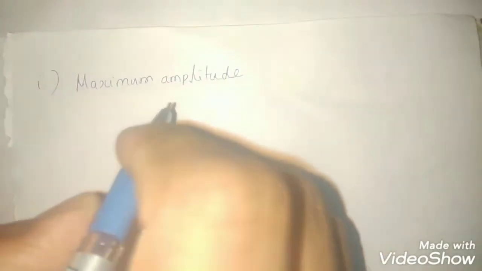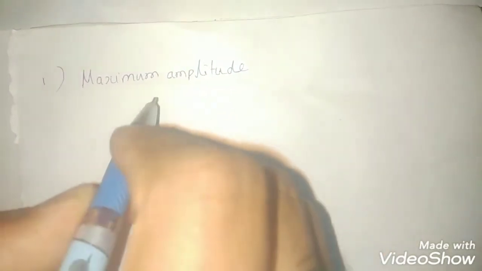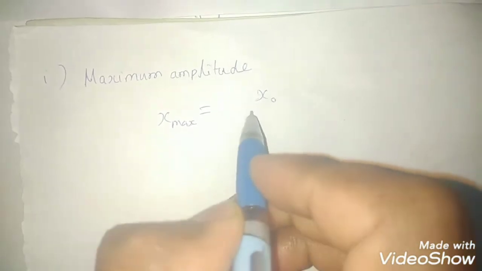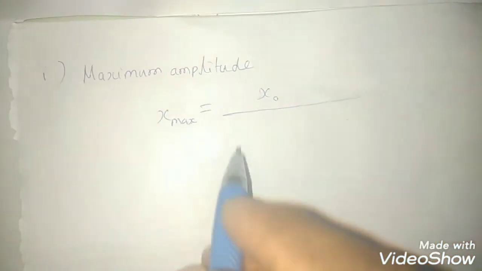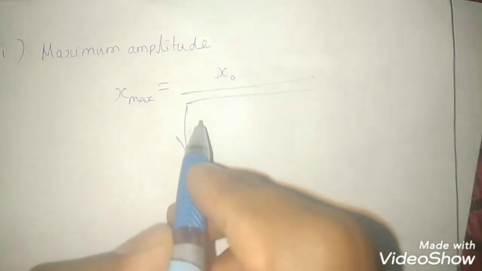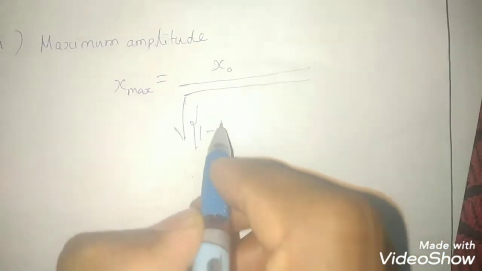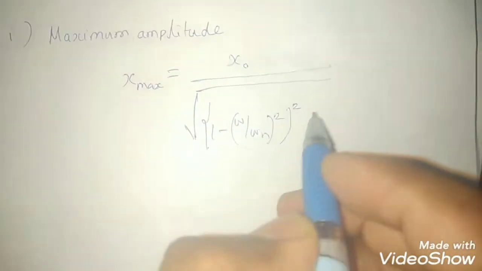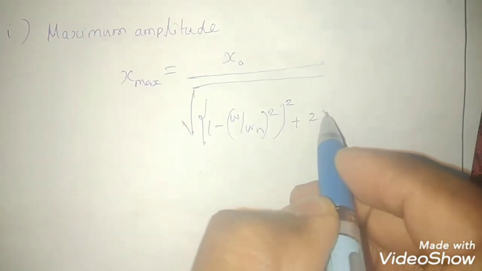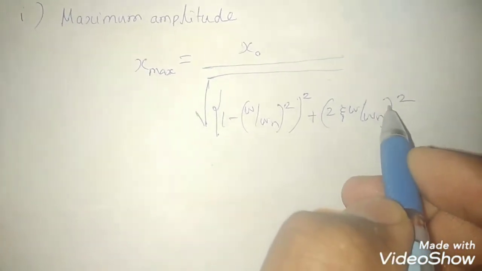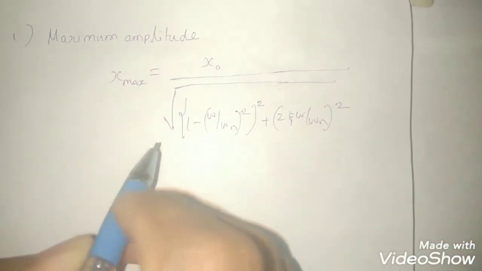The formula for maximum amplitude of motion is x max. We know that x max is equal to x naught divided by root of (1 minus omega by omega n whole square) plus (2 zeta omega by omega n) whole square, where x naught is f naught by k.